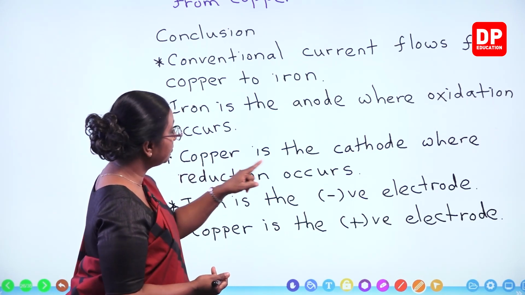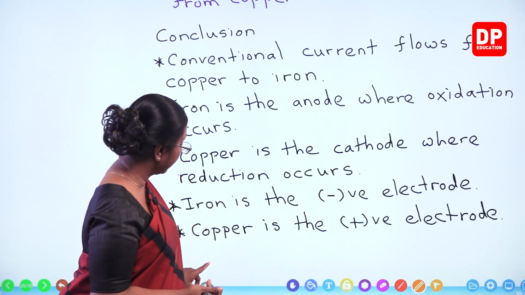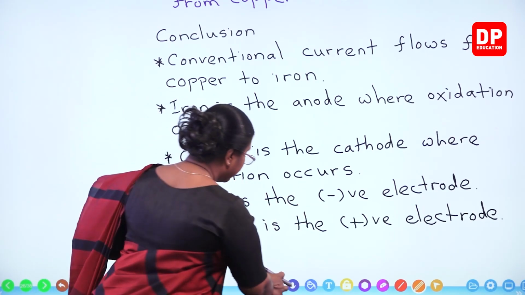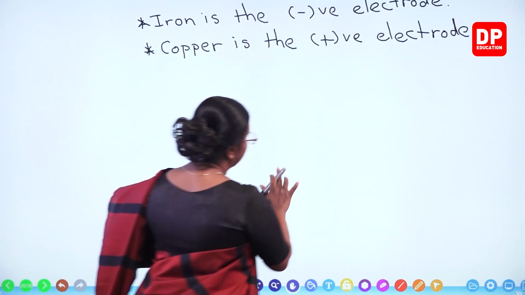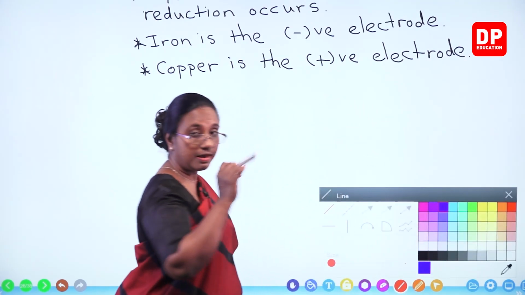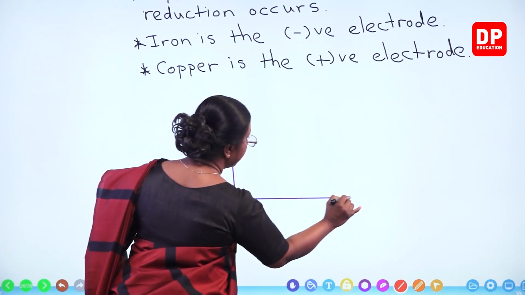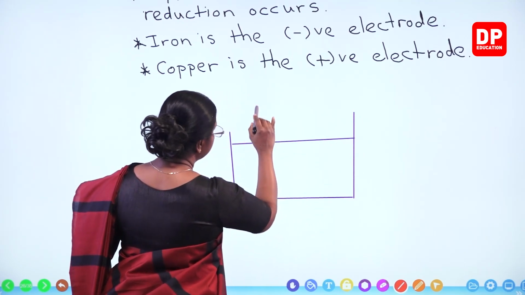Copper is the cathode where reduction occurs, and also iron is the negative electrode and copper is the positive electrode. So, what are the reactions taking place? So, like earlier, before writing the reaction separately, first we will try to understand what happens in the electrochemical cell.